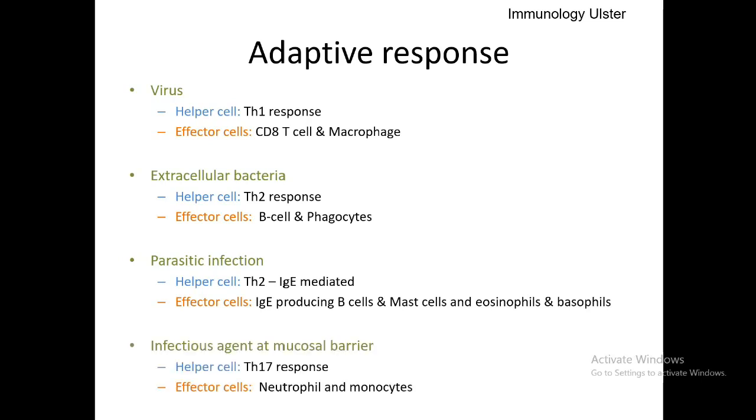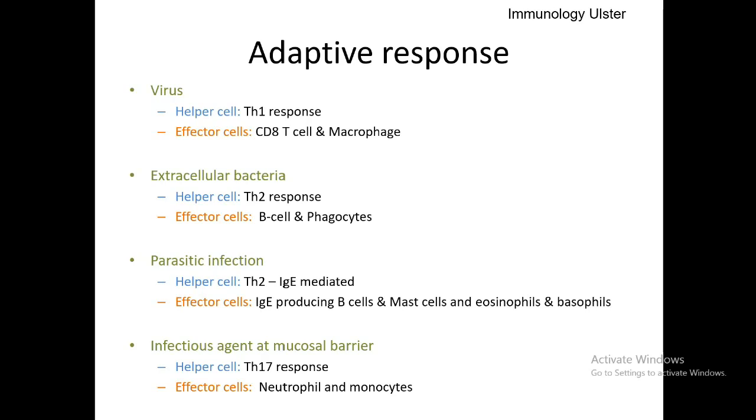In terms of what will happen if we get a disturbance at the mucosal barrier, because of course the mucosal barrier is the gateway to our systemic tissue, so it's important that we maintain the mucosal barrier. But if it does become defective, then the helper cell that we need to stimulate is a Th17 helper cell.